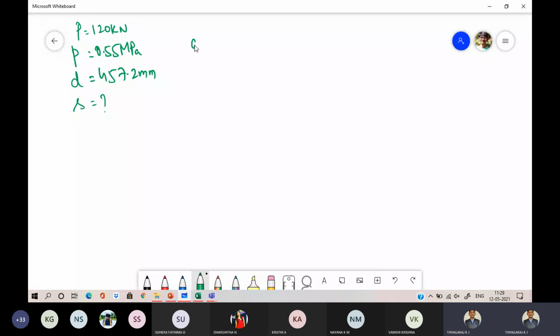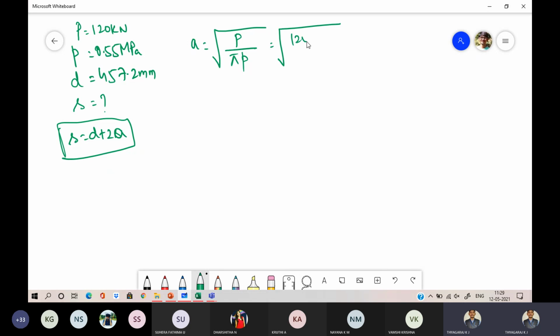So first we have to calculate A value. Why? Because S is equal to D plus 2A. This is the formula. So first we have to calculate A value, P divided by pi p. So convert this to 120 into 10 power 3 divided by pi into 0.55. So calculate, you will get in terms of mm.